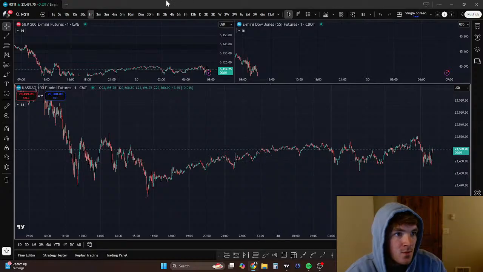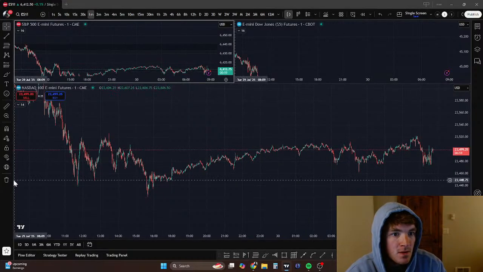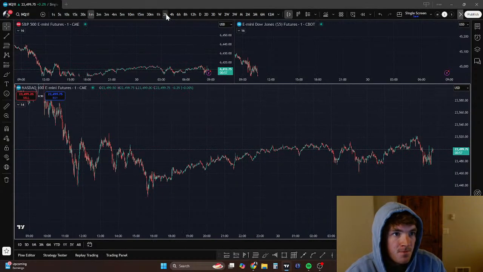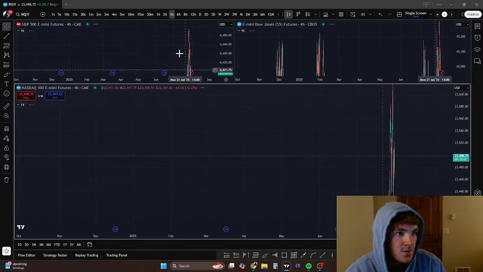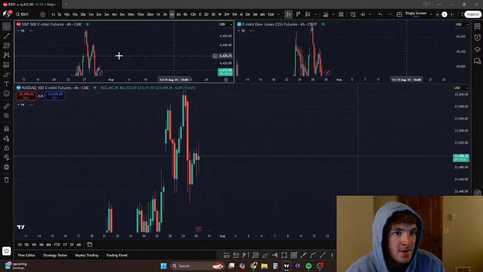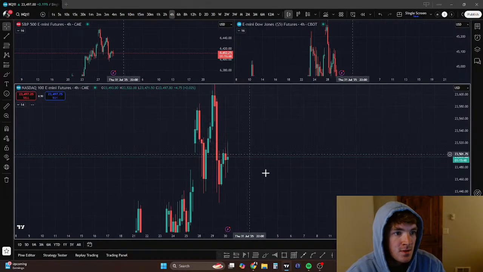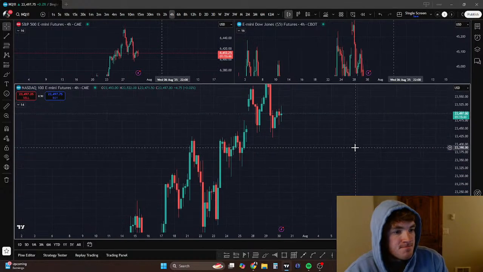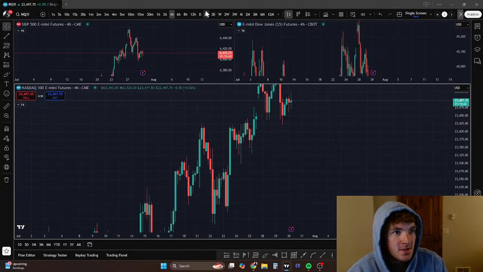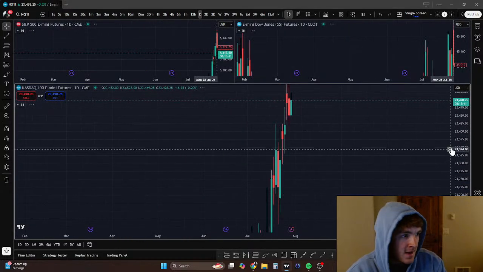So what should we start out on? Yesterday we held that 4-hour gap on S&P, then we got this move lower. Actually, I want to start out on that daily model that I had framed.